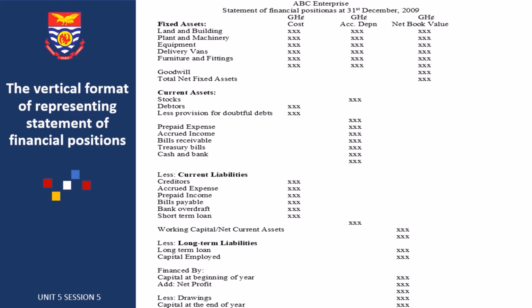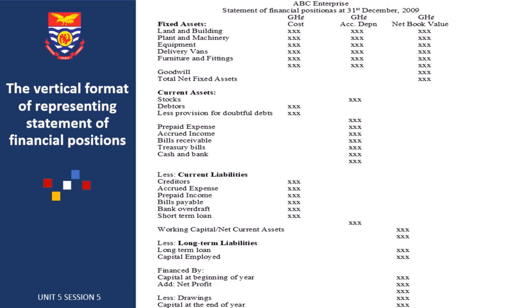Then we have the current assets, which may include the inventory, trade receivables, prepaid expenses, accrued income, bills receivable, treasury bills, cash at bank, and cash in hand. So the total of the current assets is added to the total of the non-current assets. Then we have the total assets.